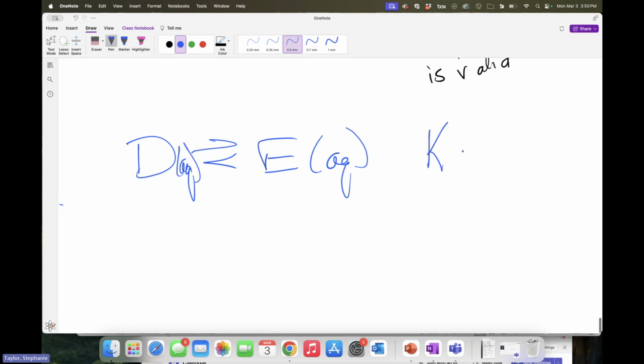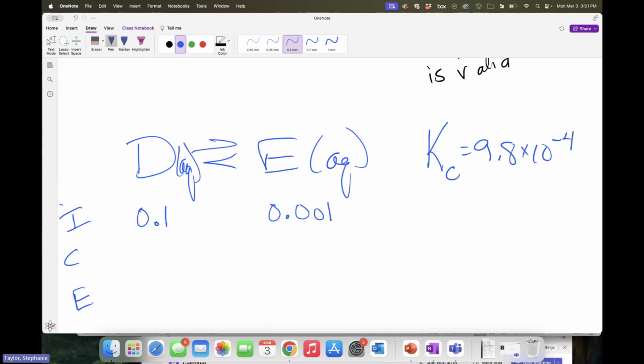We are going to give a K expression of 9.8 times 10 to the -4th. And I am actually just going to leave things with no exponents for right now. And I'm going to tell you that the initial concentration of D is 0.1, and the initial concentration of E is 0.001. Yeah, that's what we're going to do.